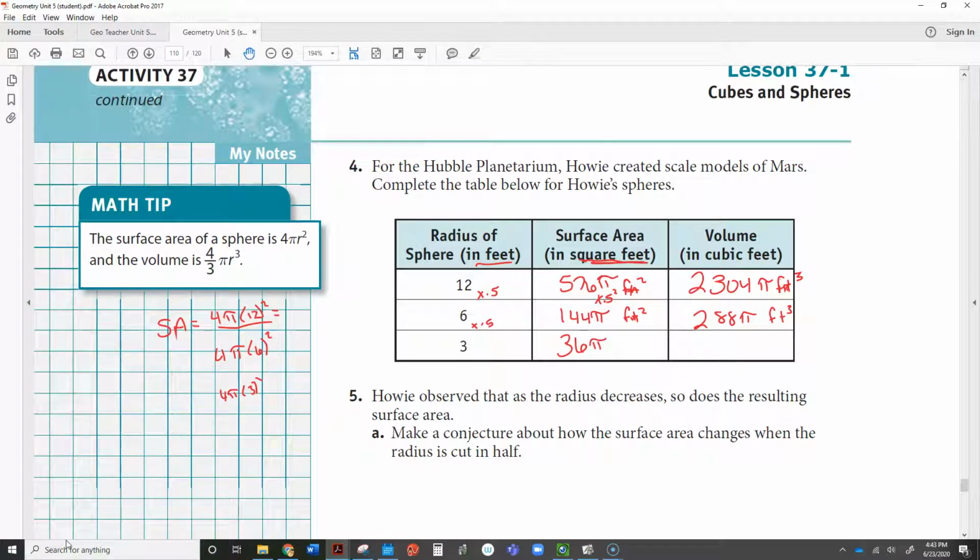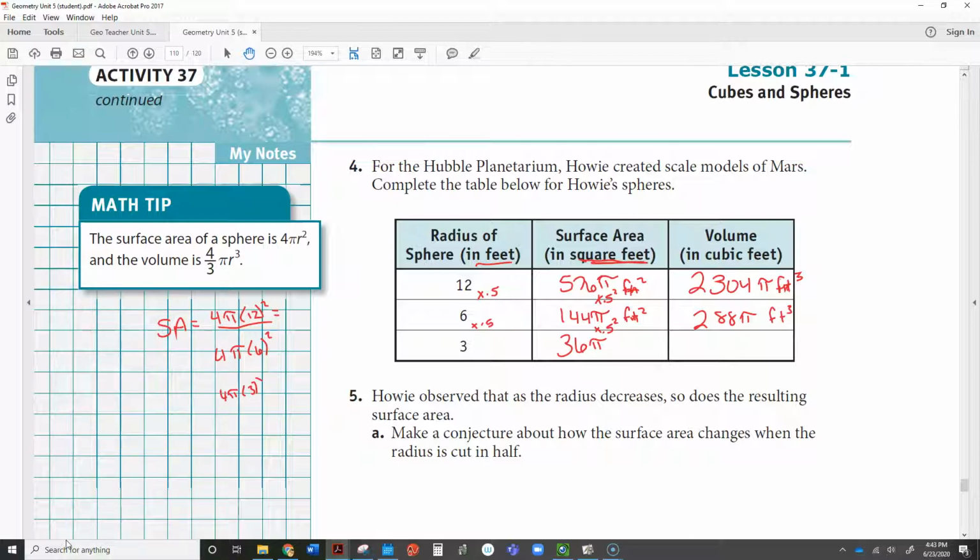Now, if you multiply 144 pi times 0.25, then you get 36 pi. So just like I predicted, you take the change in the linear measurement in the radius, which is kind of like an edge.